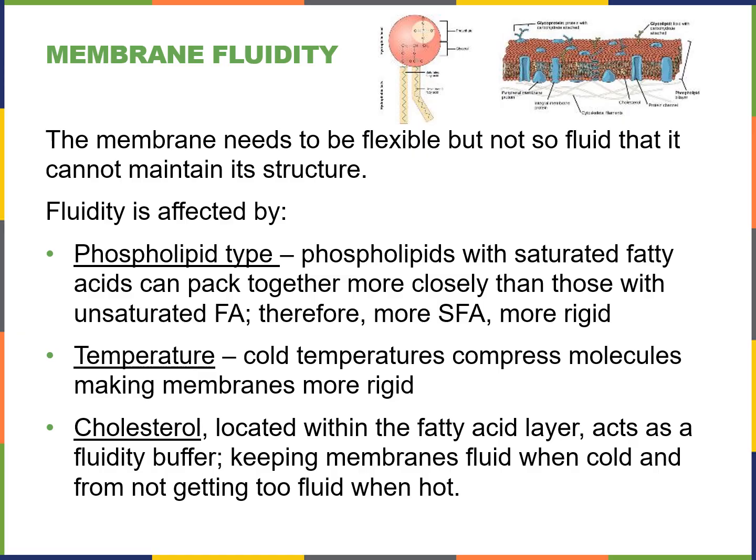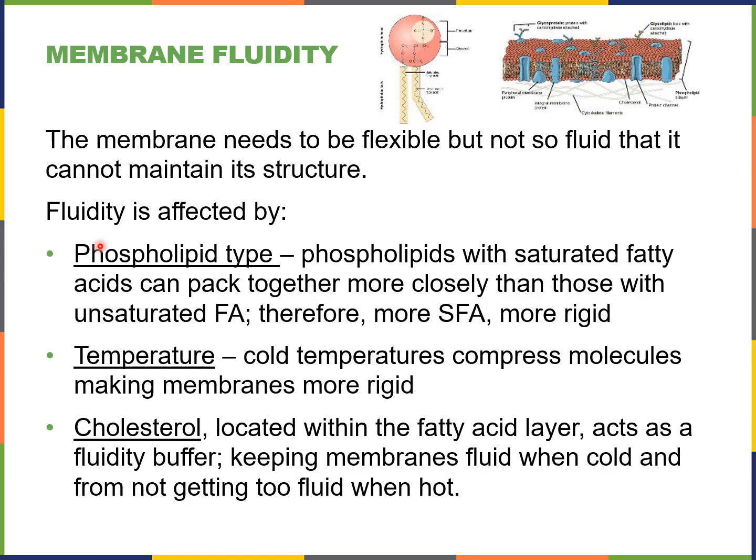Membrane fluidity is critical because the membrane needs to be flexible to prevent tearing, but also rigid enough to maintain its structure. Imagine the membrane as a sort of cellular Goldilocks zone, not too solid, not too fluid.